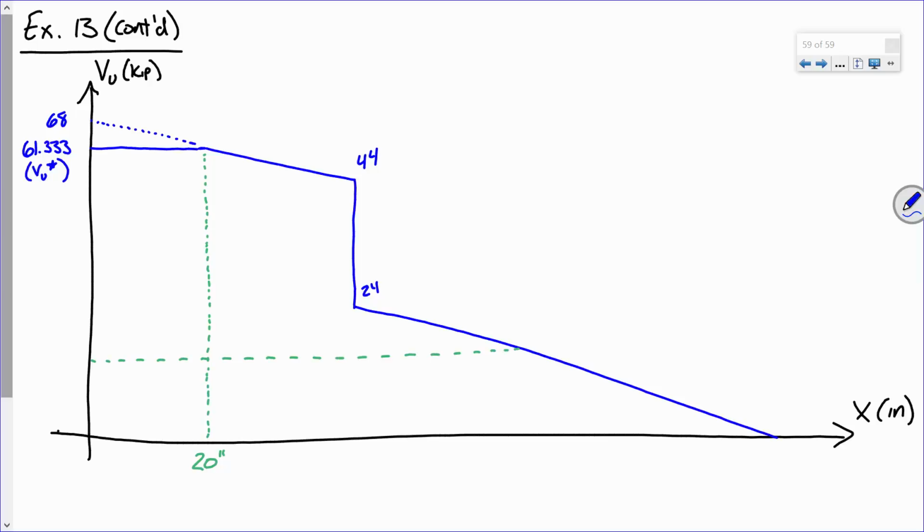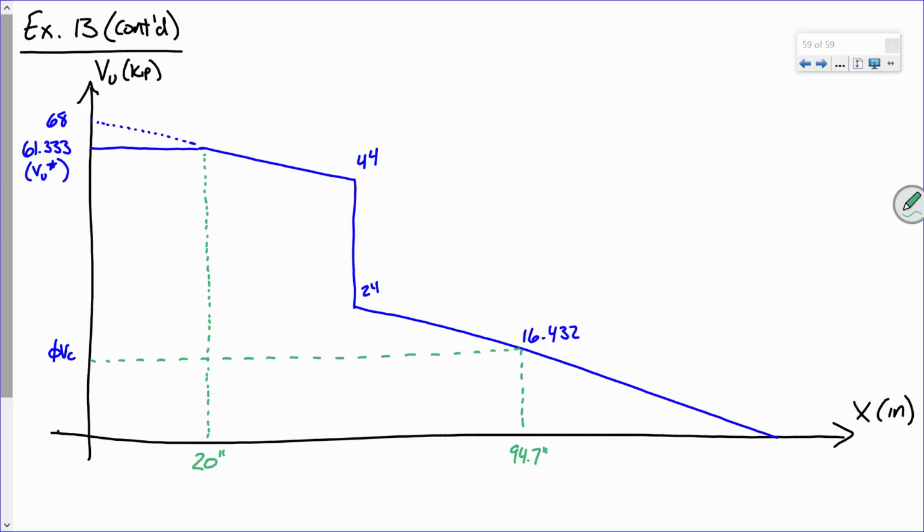This is our 16.432, which is VVC, and that occurs at what? 94.7 inches.